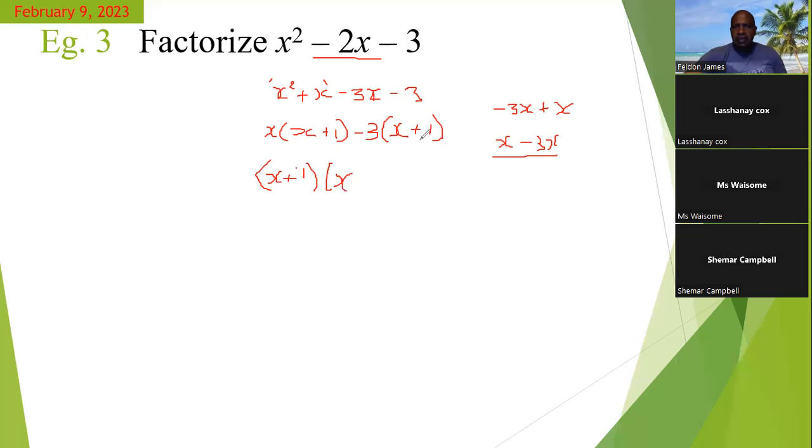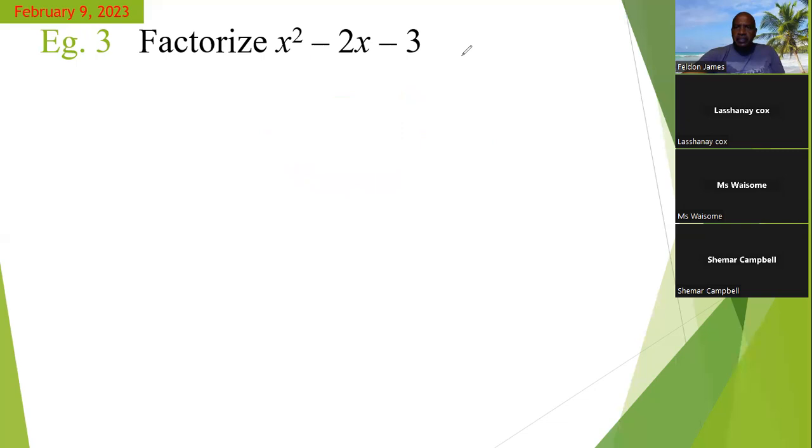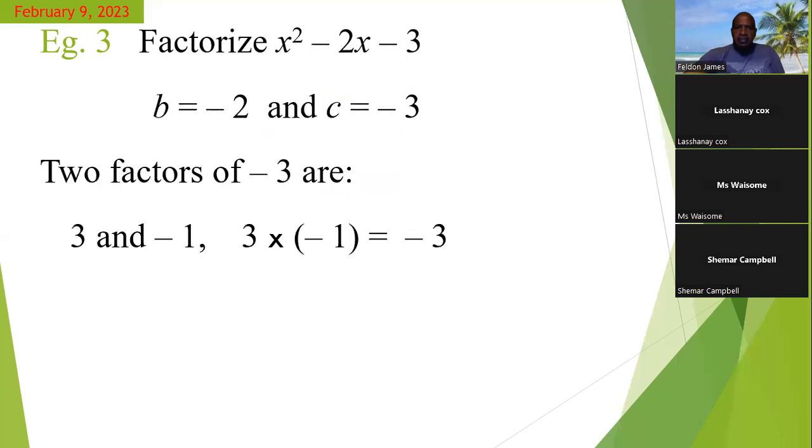When you divide the next term, the x plus 1 cancels out, leaving -3. And so those would give us our factors for this expression. All right. Everybody should be good with these. All right, let us move along.